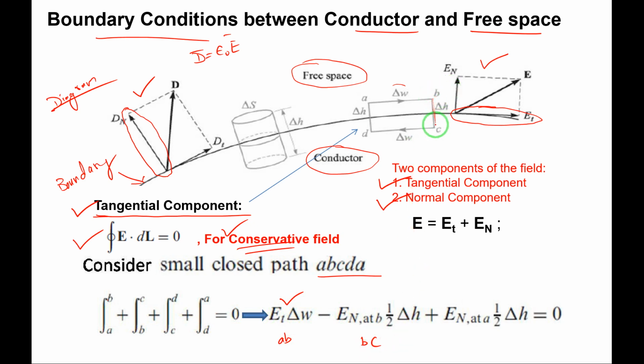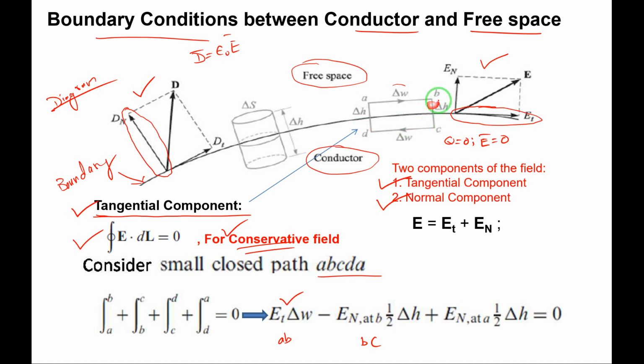We'll see here B to C. Corresponding to this B to C, there is a normal component, but the normal component is in the upward direction and I am moving from B to C. So minus should come: minus En, because I am coming in the opposite direction. Then what is the distance from B to C? Observe here, delta H. If I consider the field or charge within the conductor, Q is 0 and field is also 0 within the conductor, so I will not consider this part.